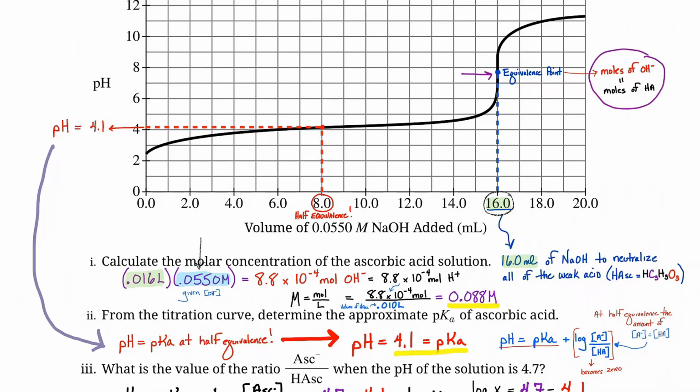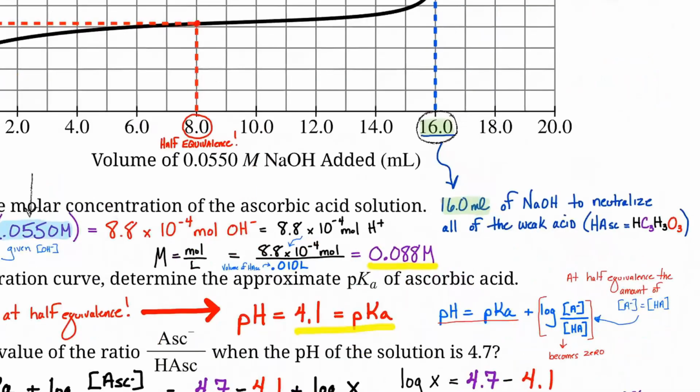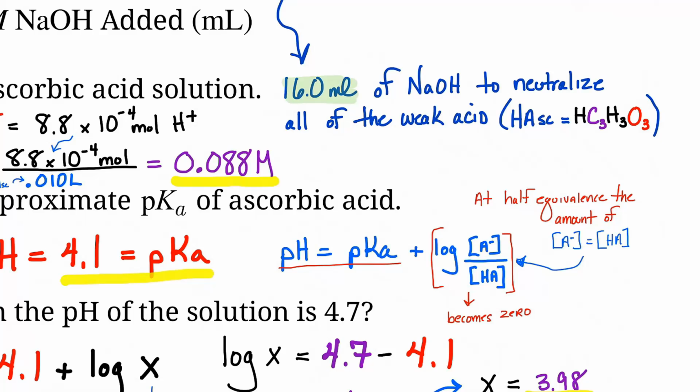Why is that important? Because one half of the acid will become the conjugate base and another half remains. And when you have equal amounts of conjugate base and conjugate acid, the log term in the Henderson-Hasselbalch equation, that really is what I call the buffer solution, becomes zero. The log of the same number over the same number is the log of 1, which becomes 0. And hello, pH equals pKa.